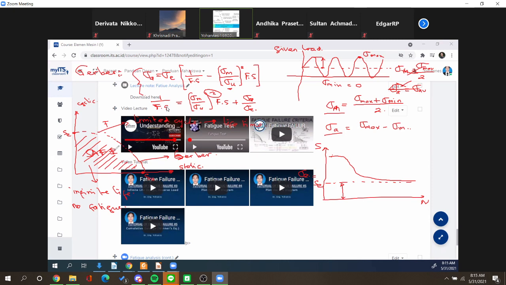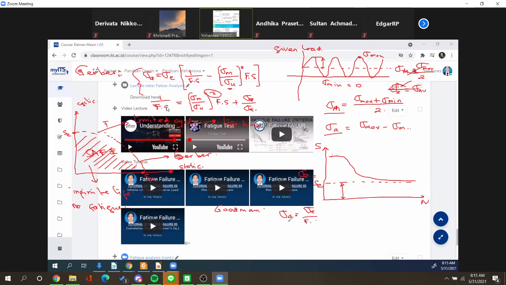And Goodman also has another line, different from Gerber, because Goodman has a different equation. For Goodman, he described that the amplitude of the fluctuating stress is equal to the endurance limit.